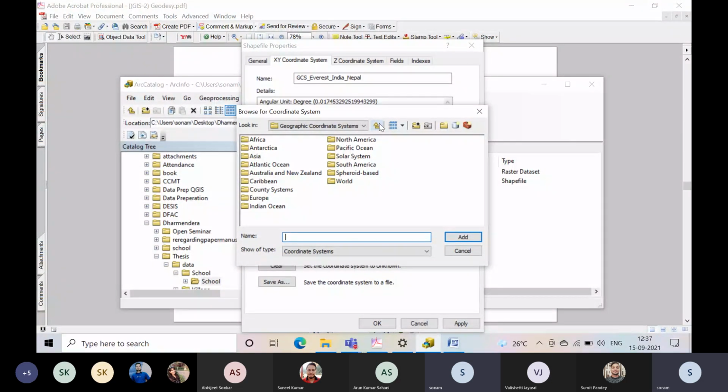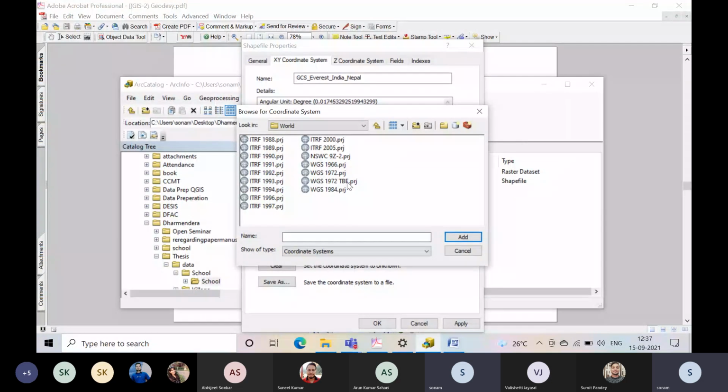So these are the many options where you can find the geographic coordinate system. And when I go inside the world you can find the WGS 1984. This is the world coordinate system. It is the geocentric coordinate system that is used for global purposes.